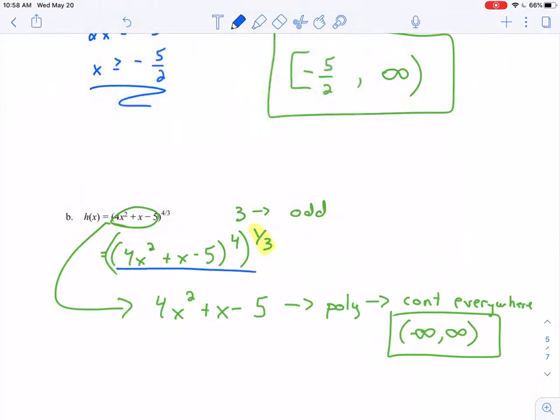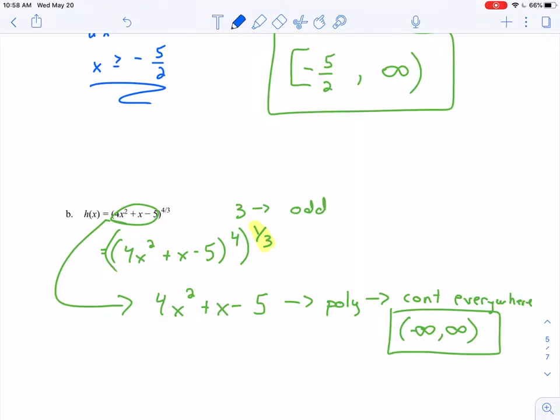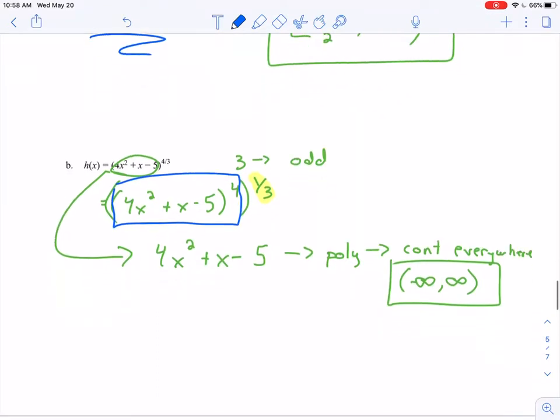If you prefer to use 4x squared plus x minus 5 to the 4th, all of that raised to the 1/3 power, you can actually look at a similar part, right? I can look at this inside part right here. I can look at 4x squared plus x minus 5 to the 4th power and determine that that's a polynomial too.